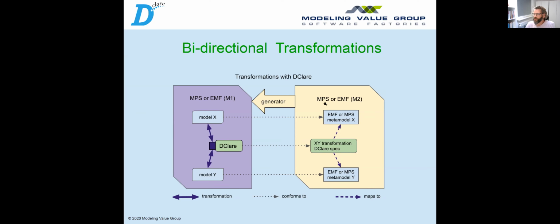In MPS, you have two meta models in the structure model, and you can define a transformation in two directions that connects one meta model to the other. If you compile that and a modeler models in modeling language X, then the model of modeling language Y will automatically be synchronized and vice versa, which is taken care of by the DClare engine, by the plugins.